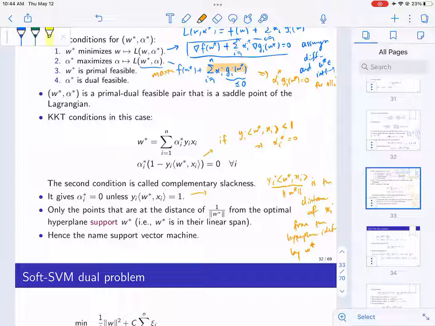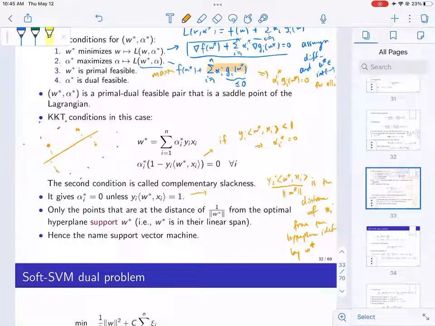Okay, so this is the notion of support vector. It's called the support vector machine because at optimality, there is this hyperplane that passes through these points. The points that control this all have the same distance from it, and the other points are further apart and don't influence it.